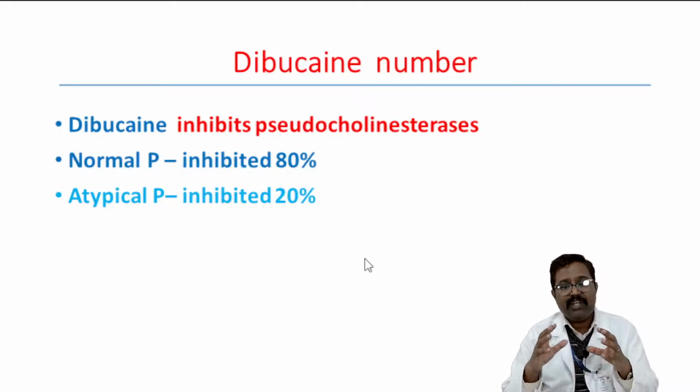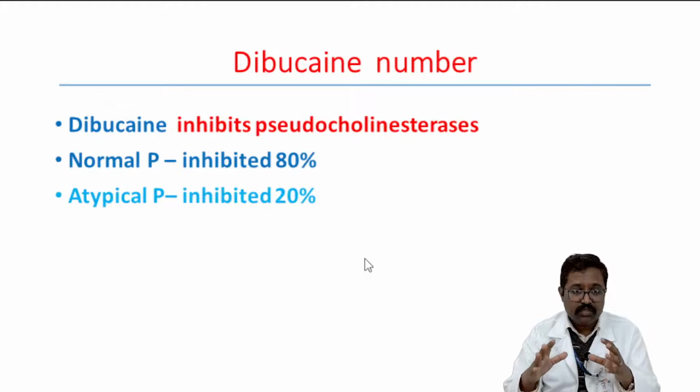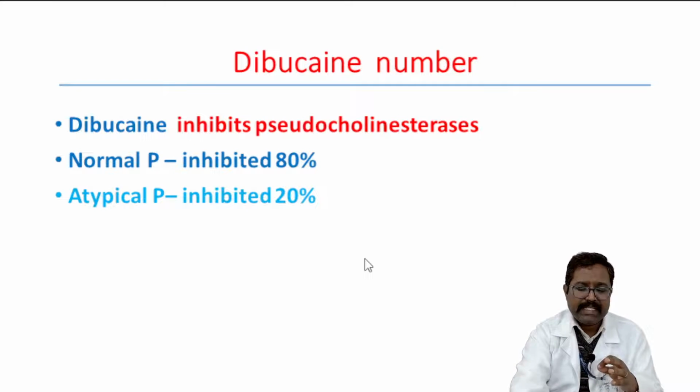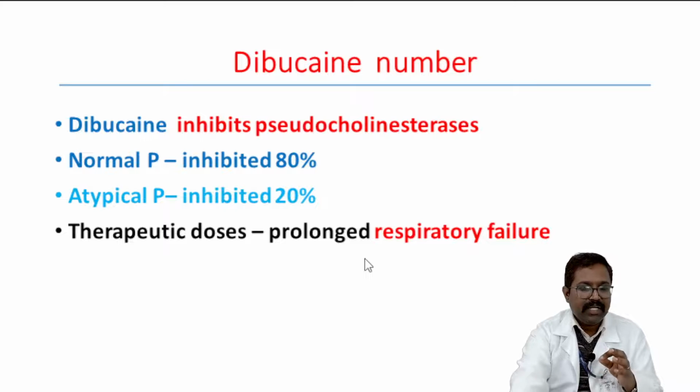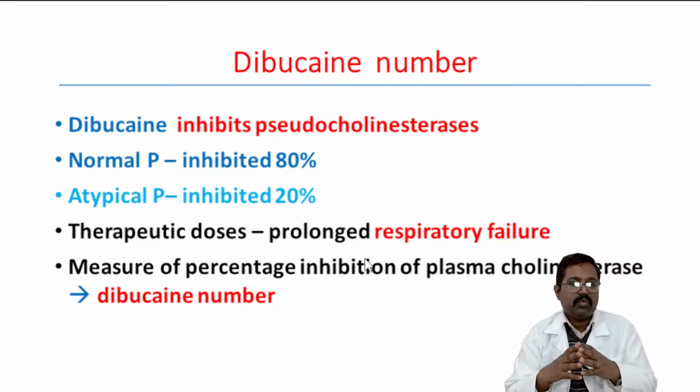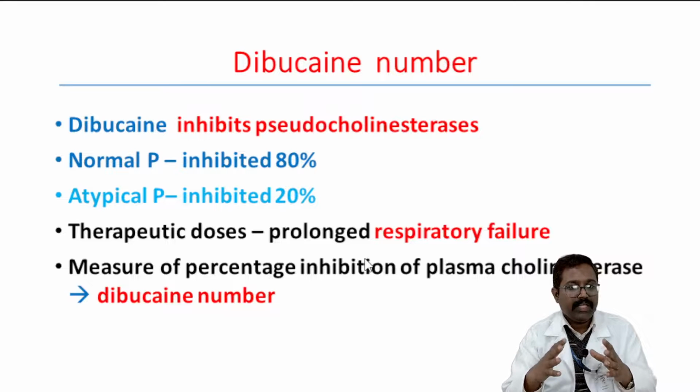Normally dibucaine will inhibit 80% of the pseudocholinesterases. In case of atypical or genetically altered pseudocholinesterases, it will only inhibit 20% of the pseudocholinesterases. So therapeutic doses in such a condition lead to prolonged respiratory failure. The dibucaine number will tell whether this patient has a risk for succinylcholine induced apnea or not.